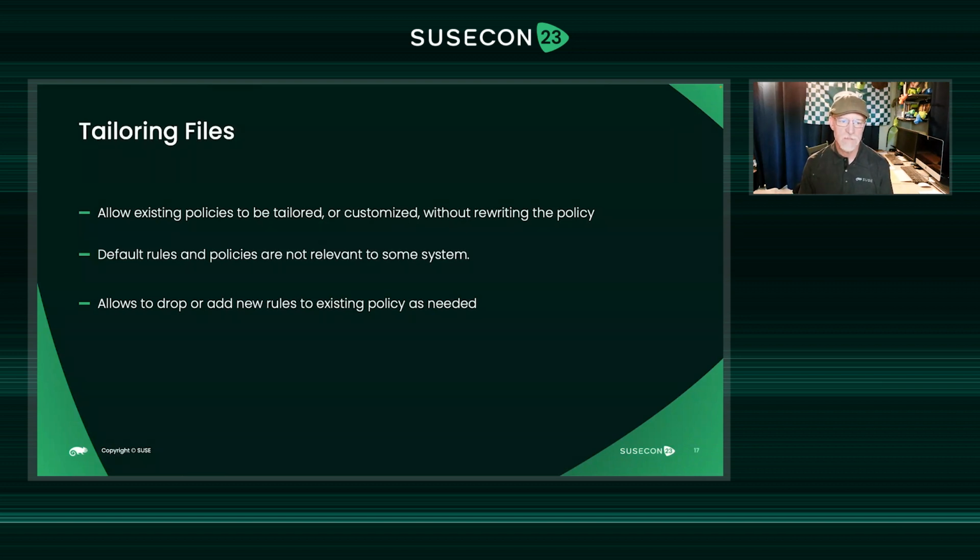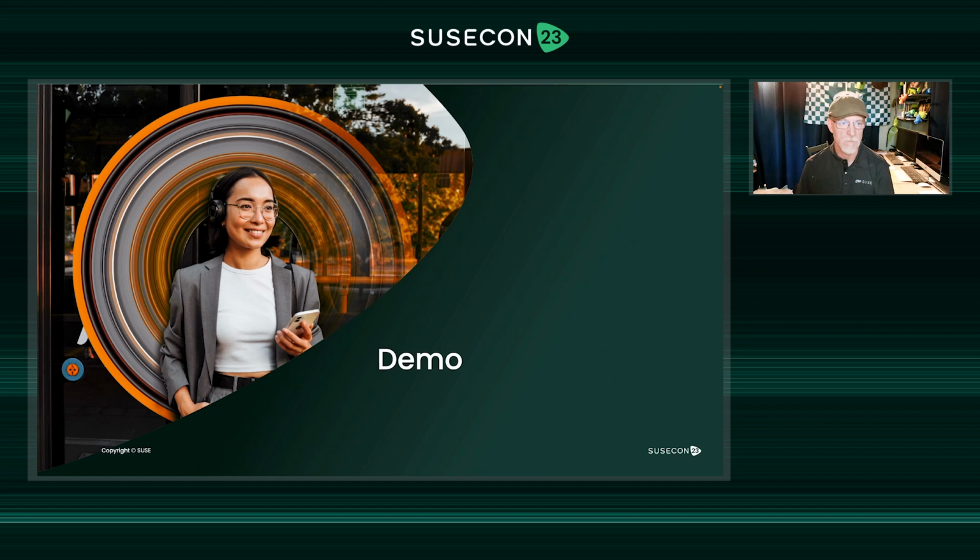So we can take these default rules and policies that are not relevant to some of our systems, since some of them are and some of them are not, and create individual tailoring files based upon those needs. We can then add or drop new or existing rules or policies as needed using these tailoring files. So it's extremely customizable to your specific needs within your company.